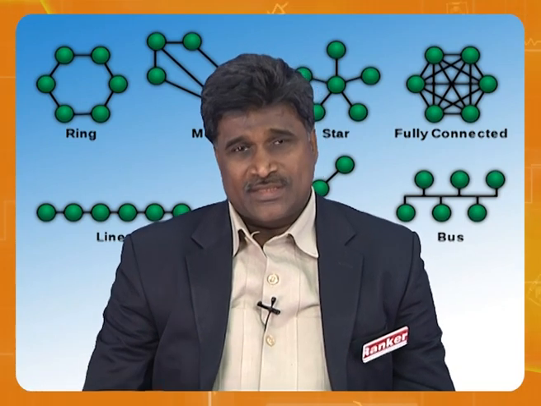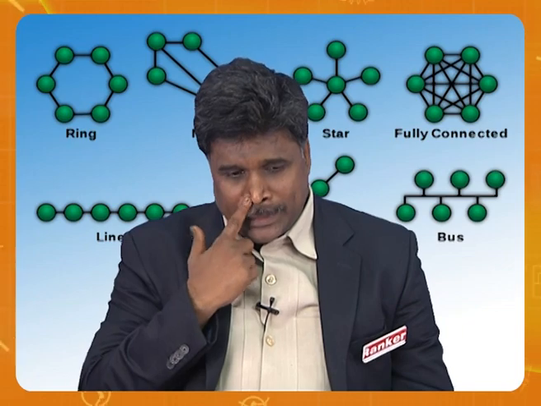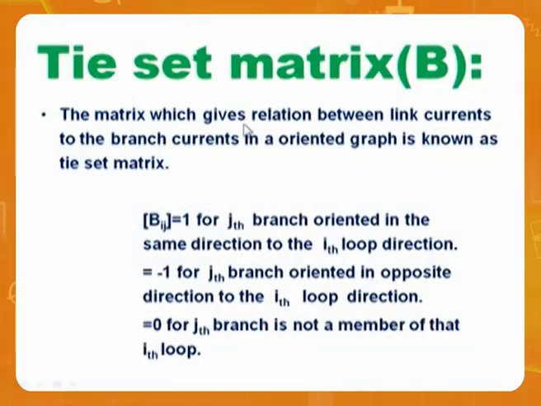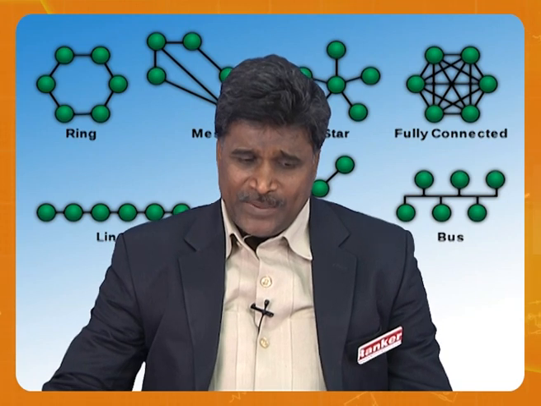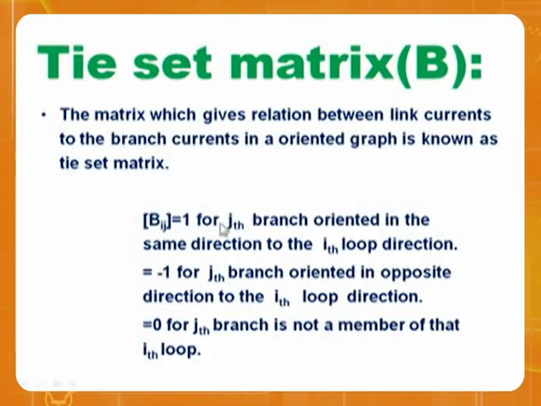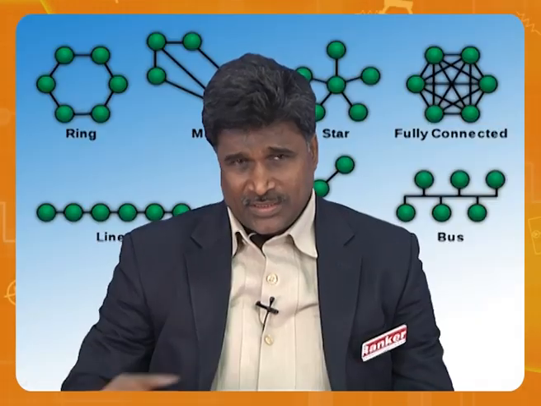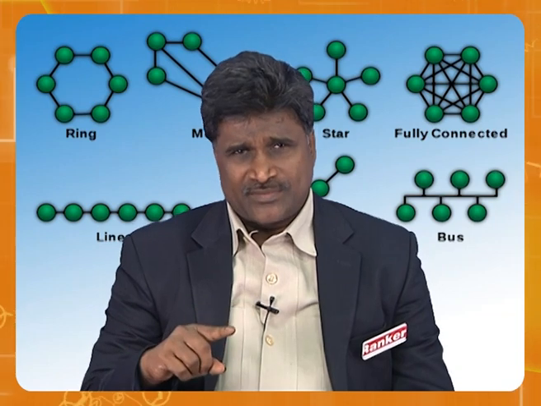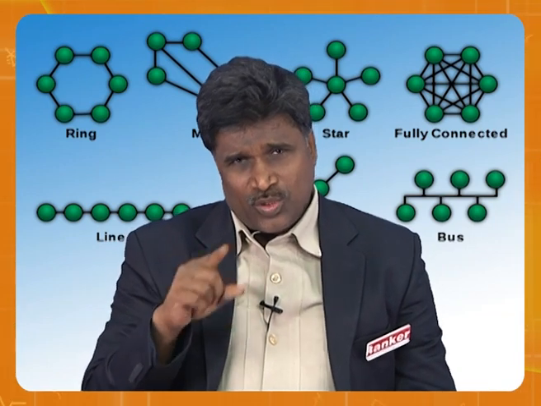We deal with currents. And let us see the matrix. This matrix gives the relation between currents and the oriented graph. I am calling it B because this is the second matrix. Bij is 1 if the jth branch orientation is in the same direction as the ith loop direction. I mean to say, it talks about loops, as I mentioned. Every link makes a loop.